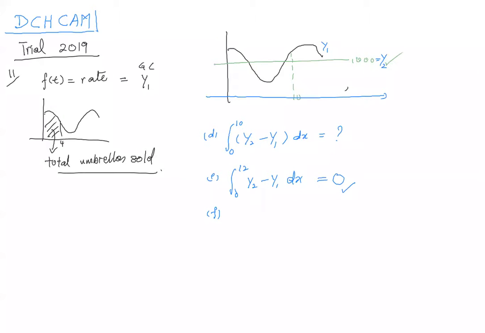That means number produced is greater than number sold. Correct? If you look at the graph, do you see the point of intersection here? Which graph is above? The green one is above. That means produce is more than sold. So during this period of time, the number of umbrella in the store will increase.